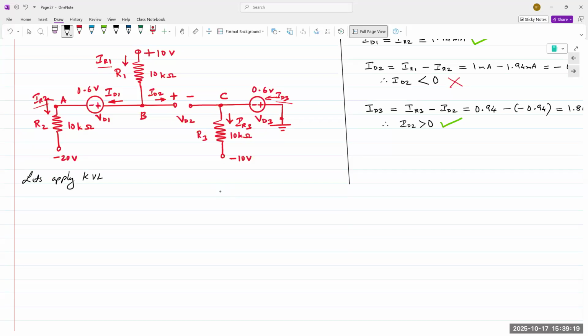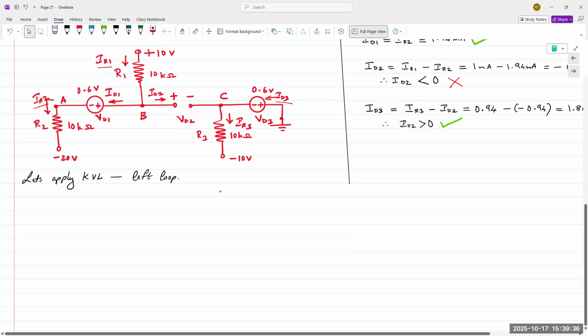KVL. If you apply KVL to the left loop, what do I obtain? And you can apply KVL in any manner that you're accustomed to.